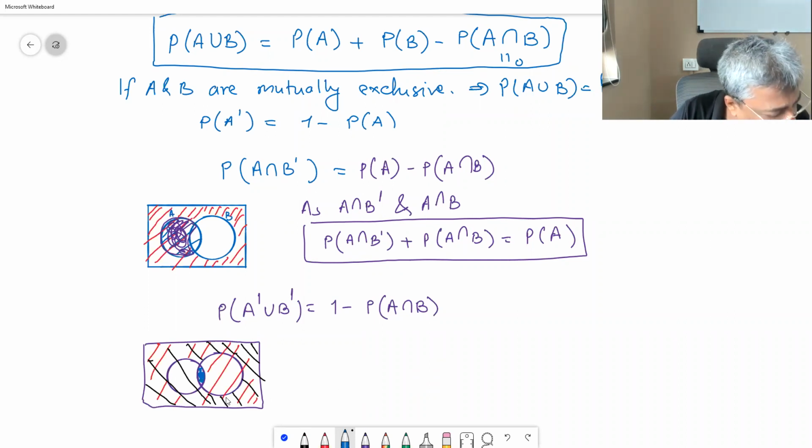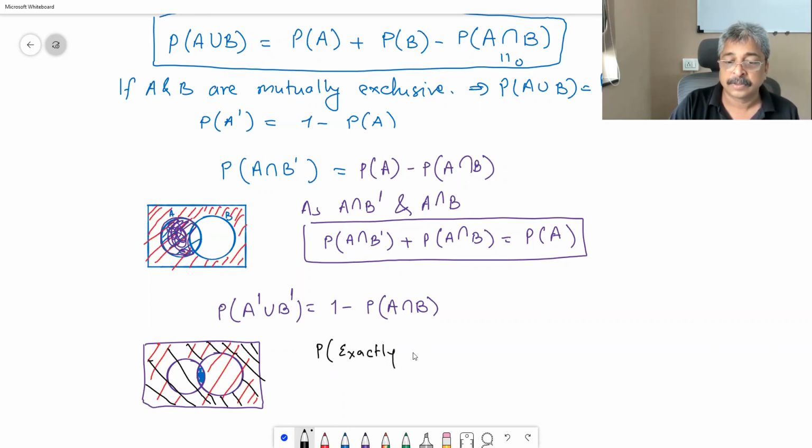Next, now a word problem: probability of the event, let me describe it, exactly one of A, B occurs, is equal to, show me the answer.